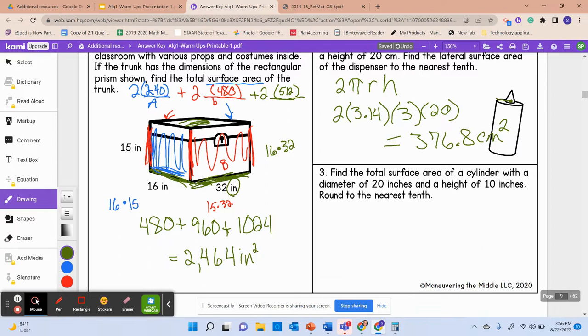Now it's going to tell us to do the same thing, but the only thing they change is diameter. And diameter is 2 radiuses put together.